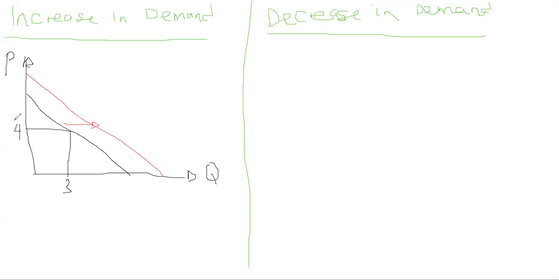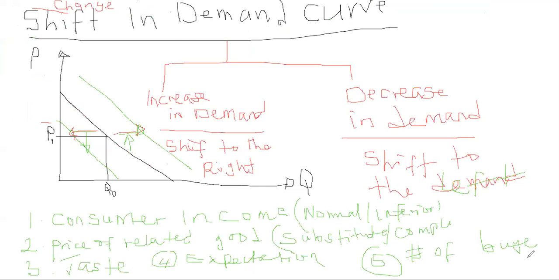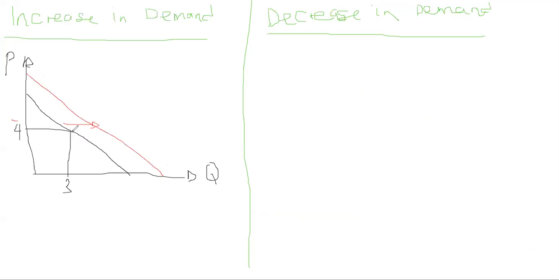But remember that we said that with an increase or shift in demand, price remained constant. So we will have the same price here. But this will be our new demand, which will be, let's say, 5. So at the same price, our quantity demanded increased from 3 to 5. So the change there is 2.